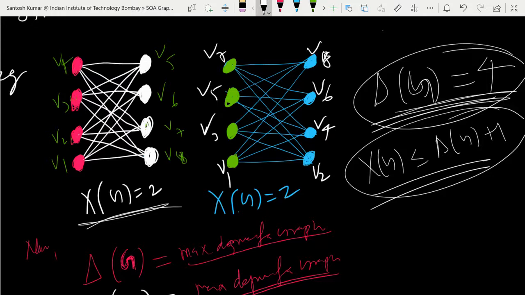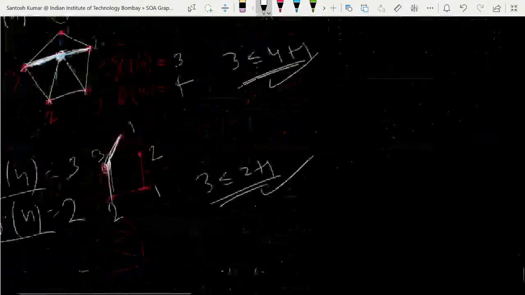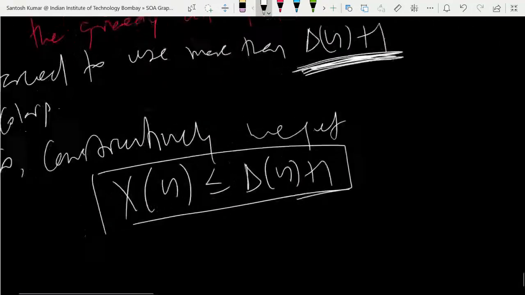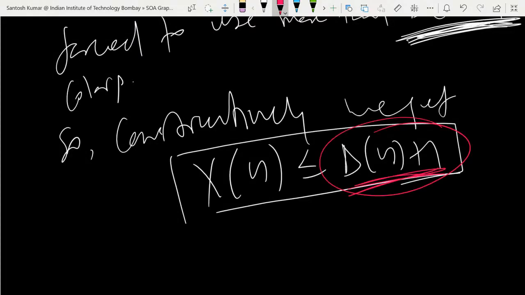If you give the adjacent vertices different colors, then at most this number of colors you will use, for the one vertex I'm talking about. So in general, this result is true. This is the upper bound for the chromatic number.